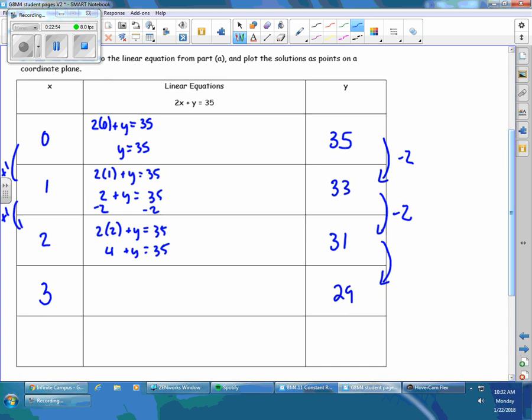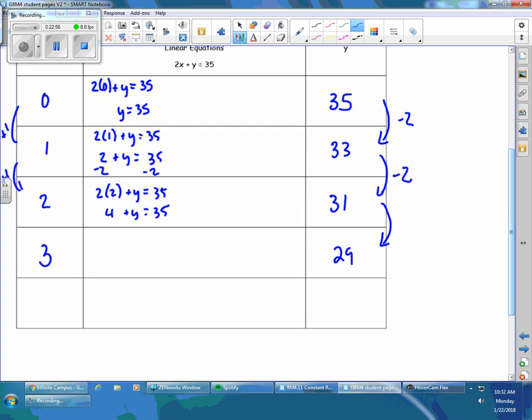Now I'm just going to get crazy here and put x in as, let's go 6. Let's skip a whole bunch. So 2 times 6 plus y equals 35. 2 times 6 is going to be 12.